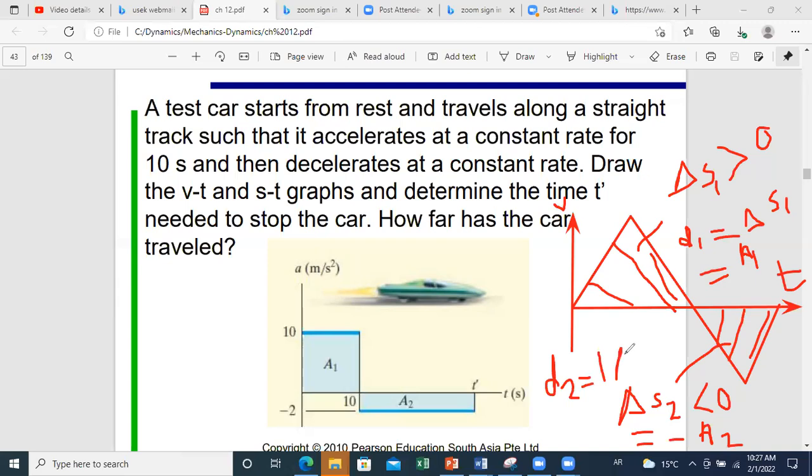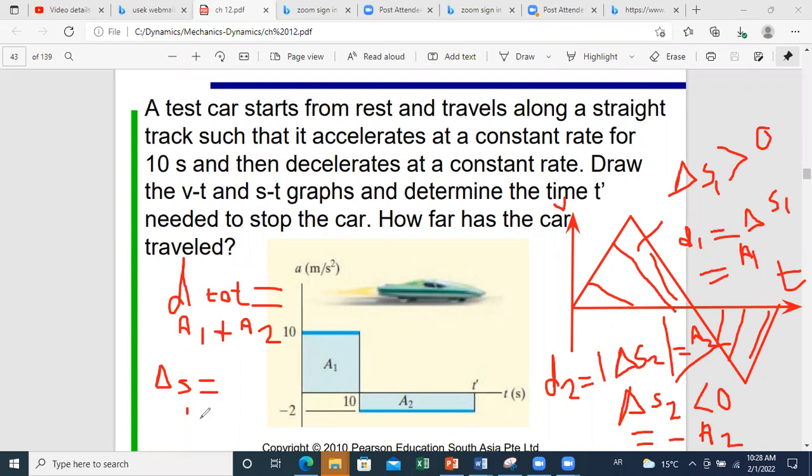So here, the total distance will be different from the total displacement. Because if you want to calculate the total distance, you will say that for this graph, D total equals A1 plus A2, while for the total displacement, delta S total will be delta S1 plus delta S2, which will be equal to A1 minus A2.